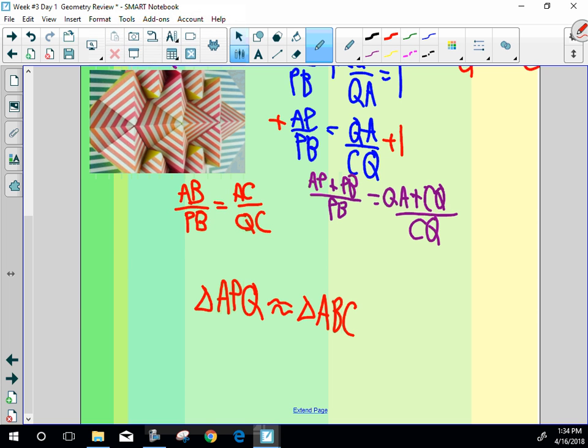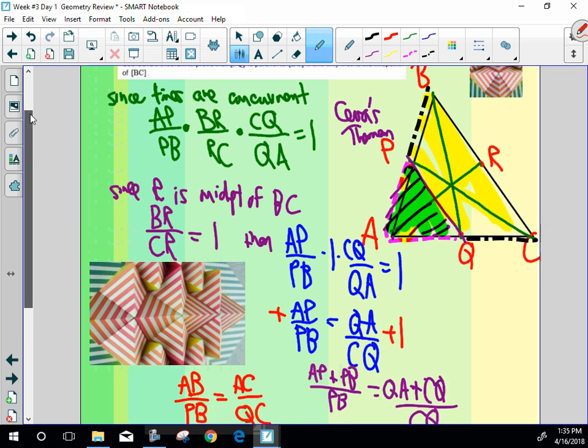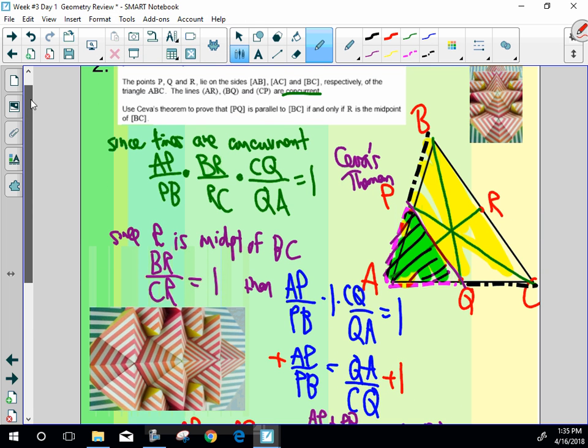And then what we would say is, since sides are proportional, then the triangles are similar. And if the triangles are similar, then what can we do?